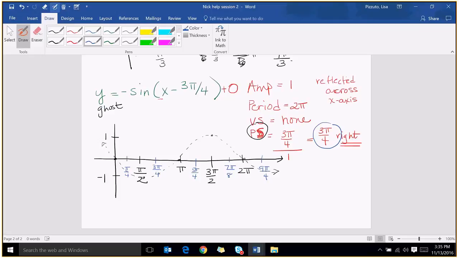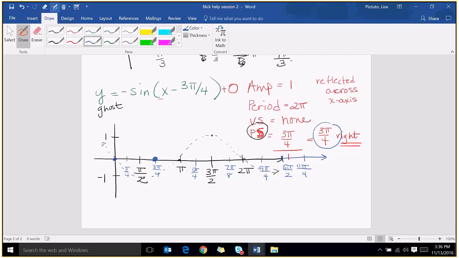And then I'm going to go ahead and extend this a little. This will be 10/4, and this would be 11/4, and you'll understand why I'm extending it in a second. But we have to take this original point, which was the intercept, and move it all the way over to here, which is my 3 pi over 4, my phase shift.